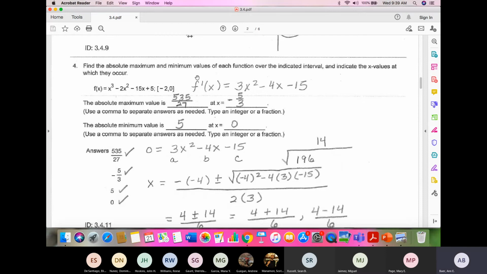So I'm going to put in x cubed minus 2x squared minus 15x plus 5. And I'm going to double check. These kind of problems have a lot of steps to them, so I don't want to make an error. I don't want to make an error anytime I do a problem, but especially not now.